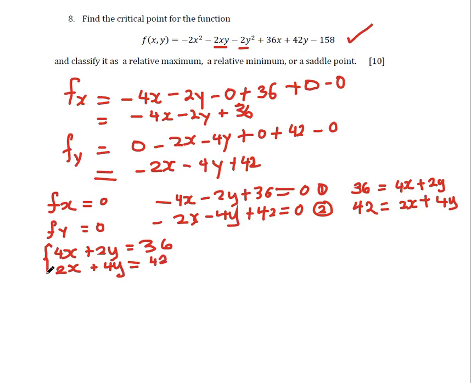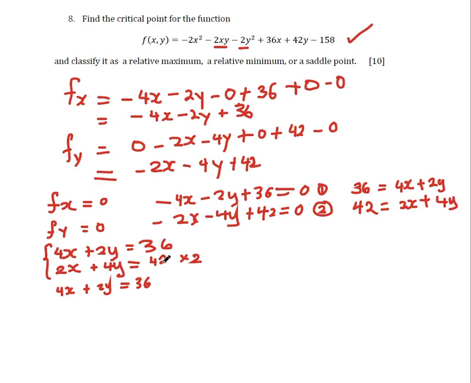Applying the principle of simultaneous equations, I'm going to multiply the second equation by 2 in order to get the coefficients of x to be the same, and then that will allow me to eliminate x. So equation 1 will remain the same: 4x plus 2y equals 36.